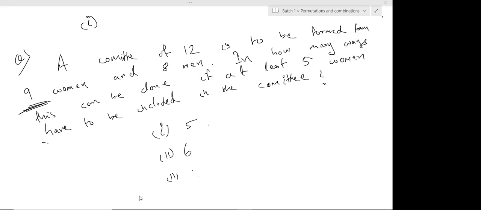Shavya, if you choose 5 women out of 9, then you have to also choose 7 men from 8 men, right? Yes, sir. So think about the whole team.